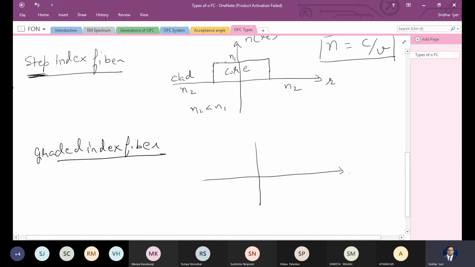So if this is R, and R here is basically the radius of the core.